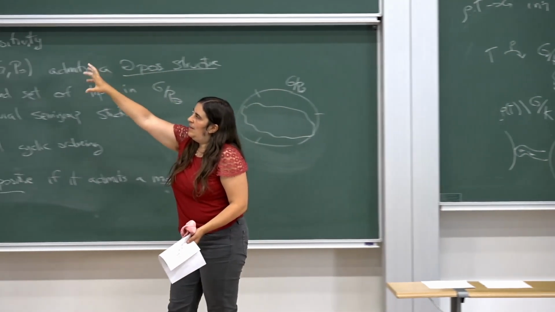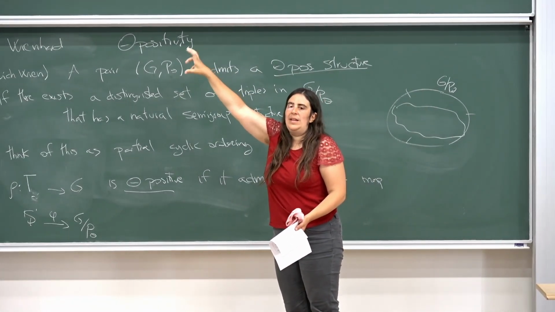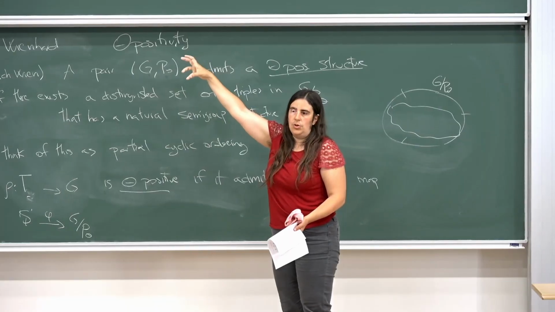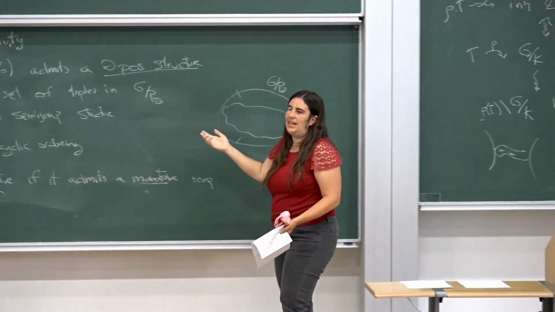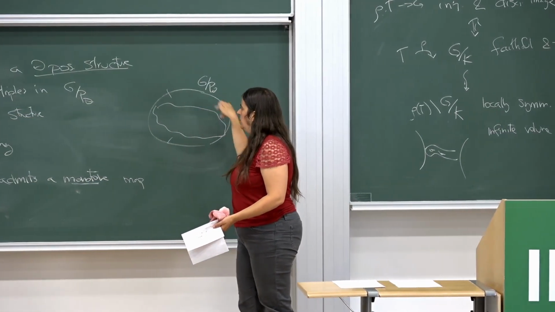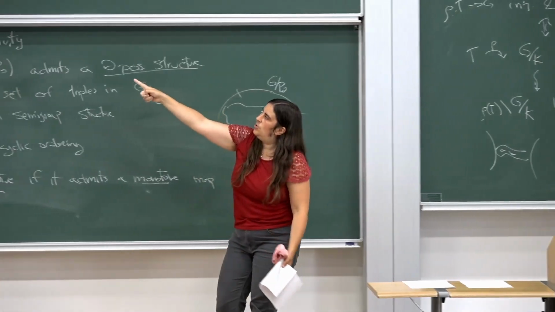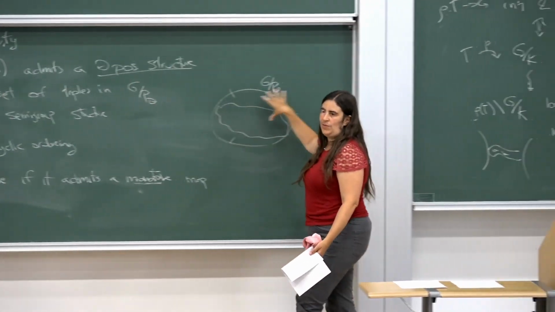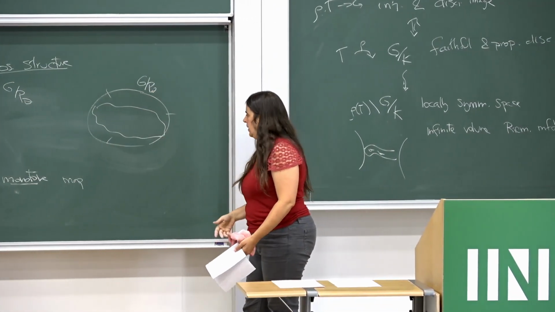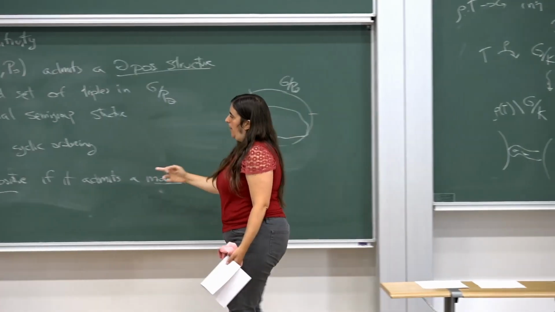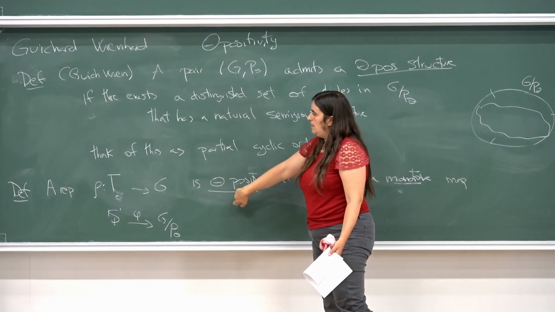Why? Because that can be seen from how I act on triples in the circle. I cannot have anything in the kernel of the representation, because that acts non-trivially up there and will act trivially here. So being theta positive means that it's injective with a discrete image.